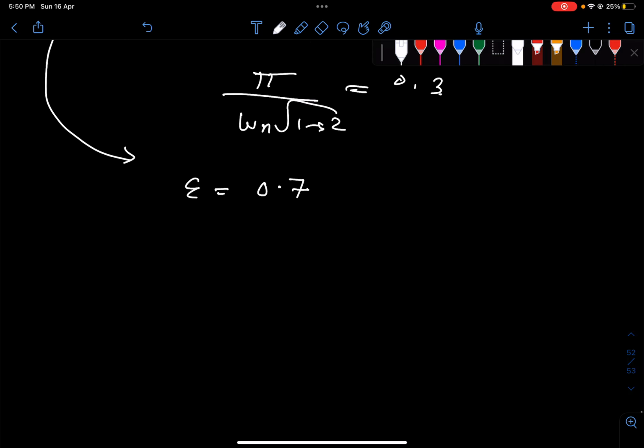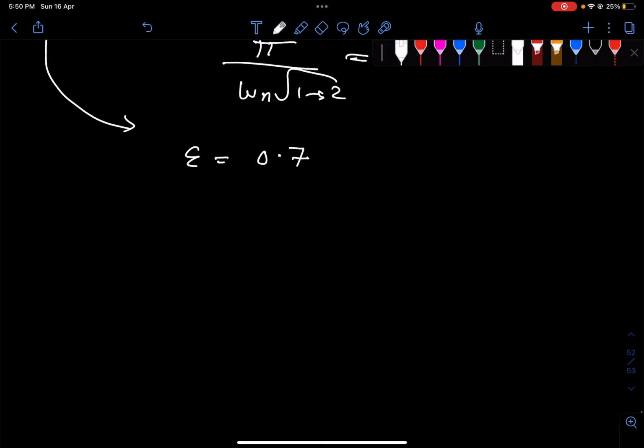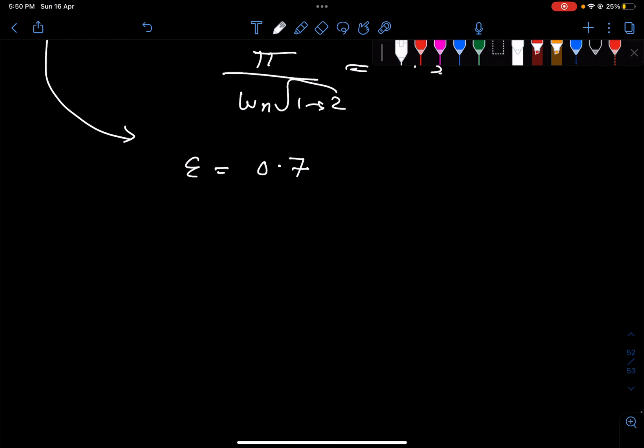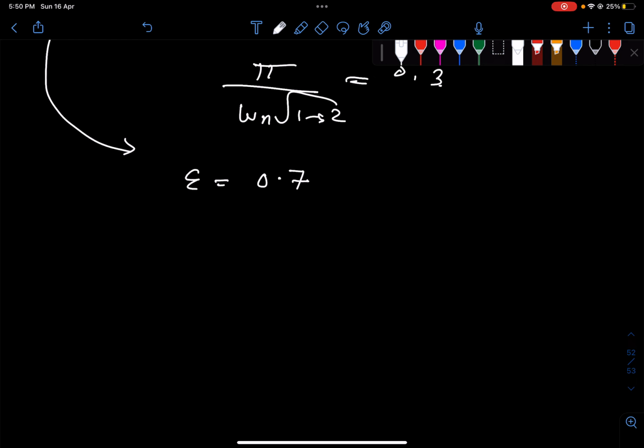Then if zeta is 0.7, root of 1 minus 0.7 square is something like 0.71. So pi divided by omega n root of 1 minus zeta square, that will be 0.71.